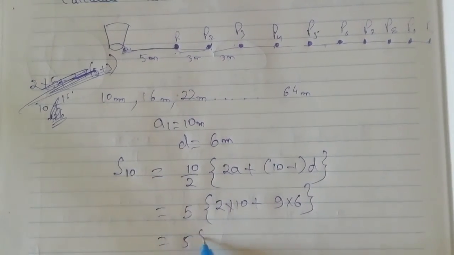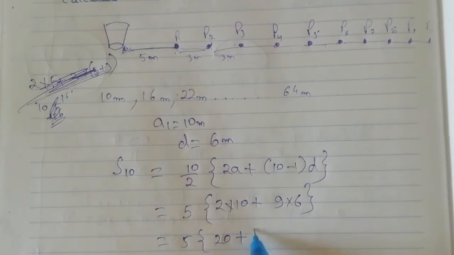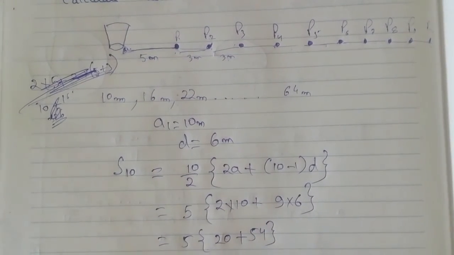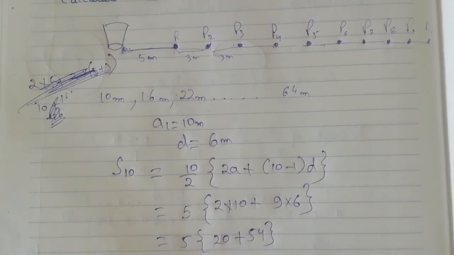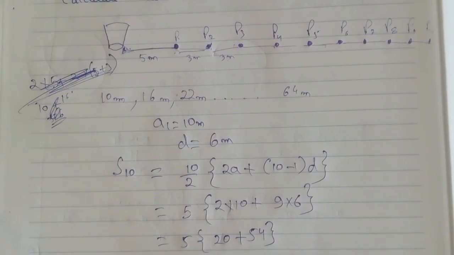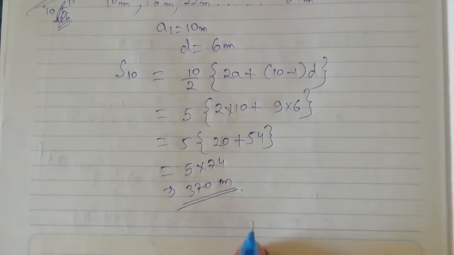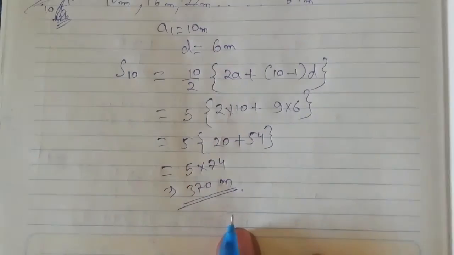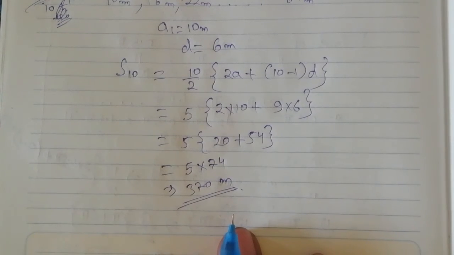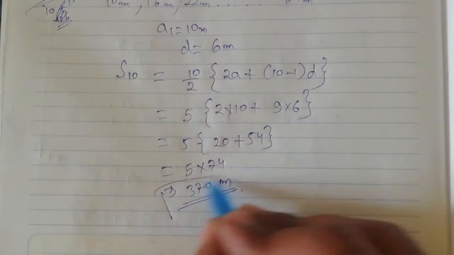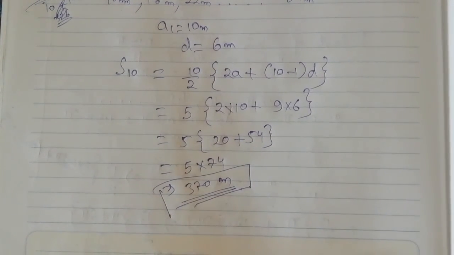So 5 into (20 plus 54), which is 74 into 5. From here we have 370 meter as the total distance covered by her in grabbing those 10 potatoes. It is given in meter, so our answer is also in meter.